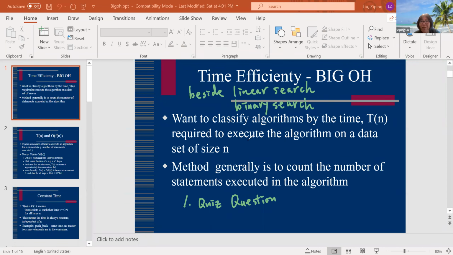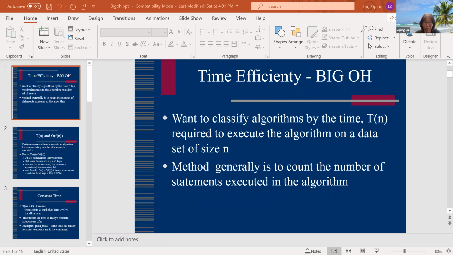Binary search, is it? And who still remembers? I don't think we ever covered that. So for binary search, the idea is what? So this is a search item.